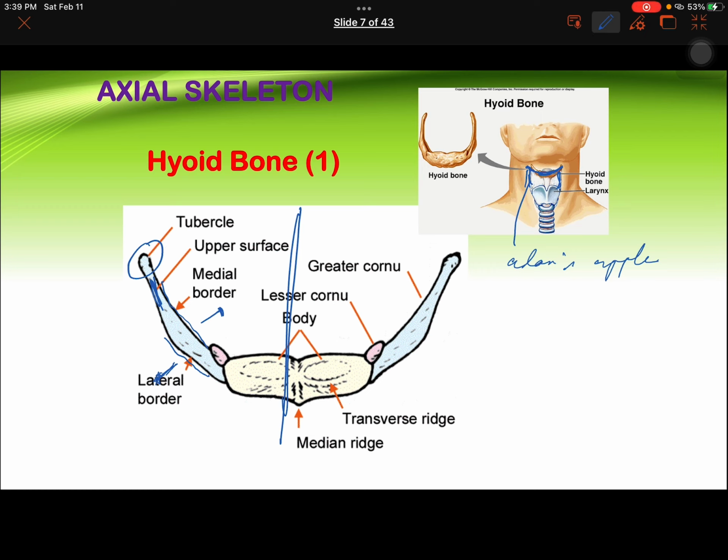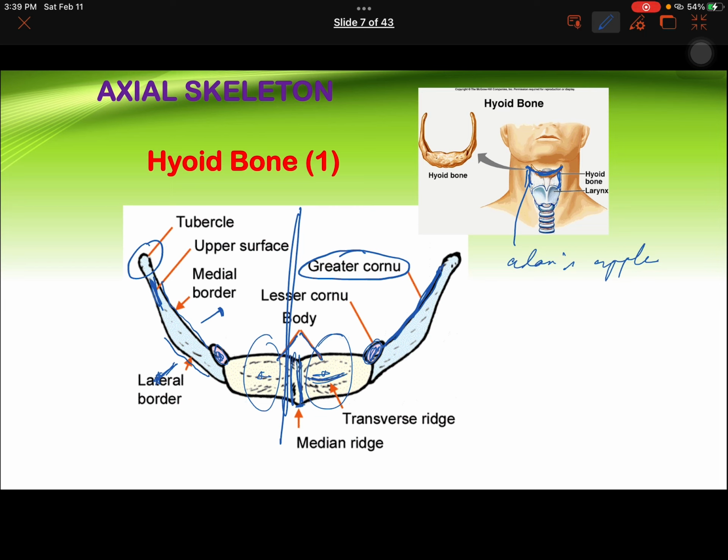You have the body. You have the lesser cornu here, one, and we have another lesser cornu, two here. You have the median ridge because it's found in the middle, and the transverse ridge is found on the transverse sides, and then you have your greater cornu here. If I ask you what is the medial border of the hyoid bone, your answer would be the greater cornu.